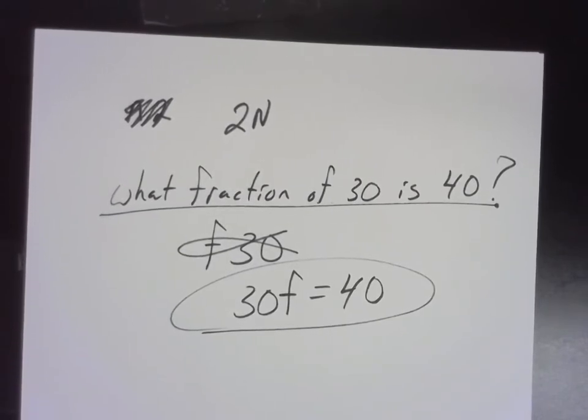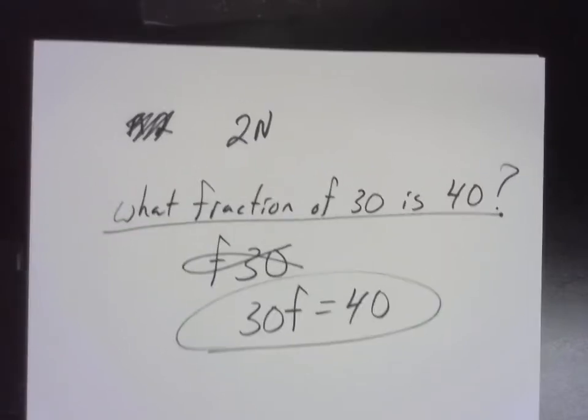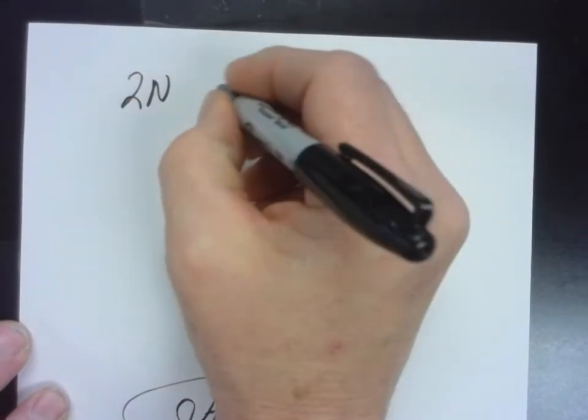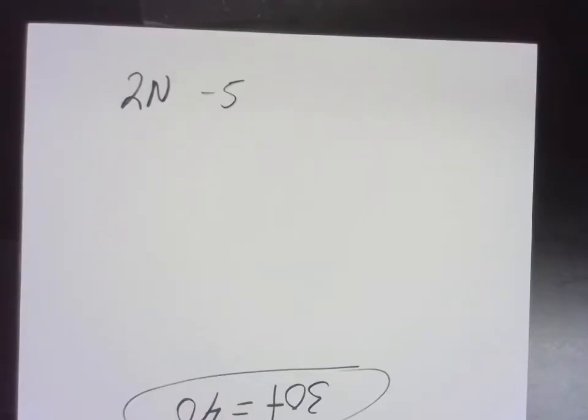Let's just keep going down through here. Can you guys find the one right in the middle that says the sum of twice a number and negative 5? See that? So I'm supposed to take twice a number, and I'm supposed to take negative 5, and what am I supposed to do with them? Add them together. Okay.